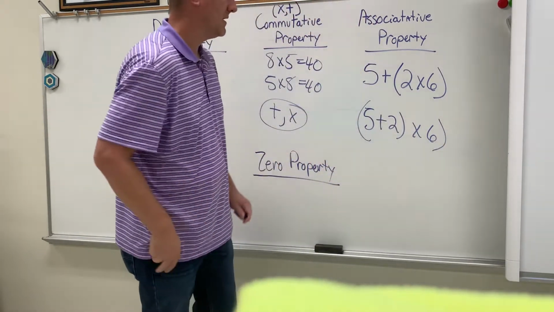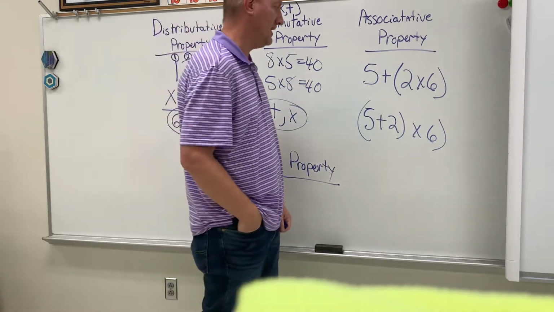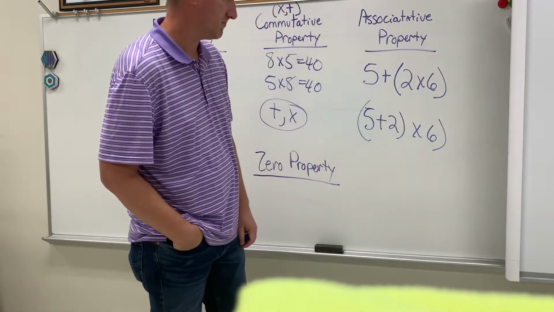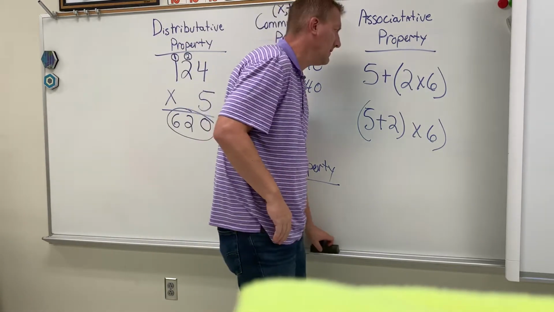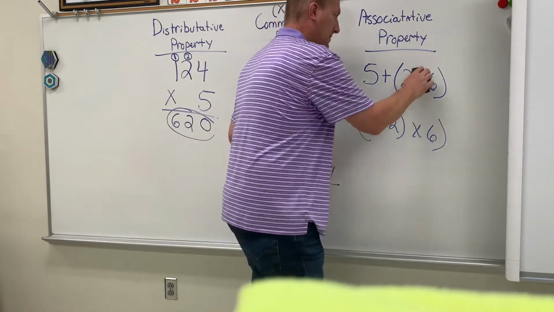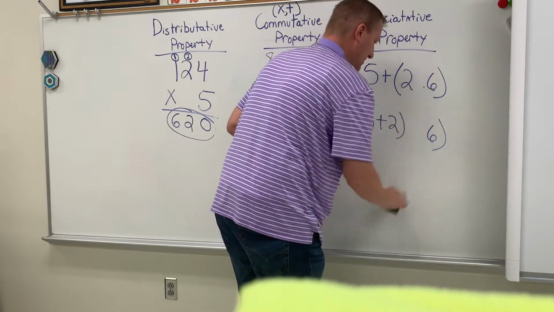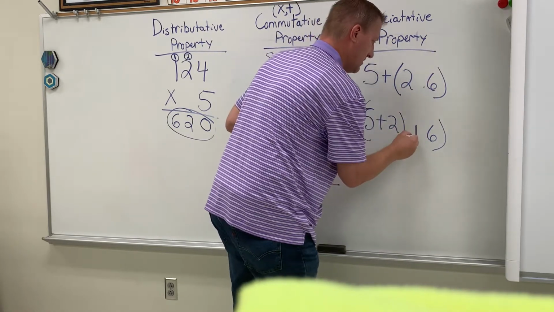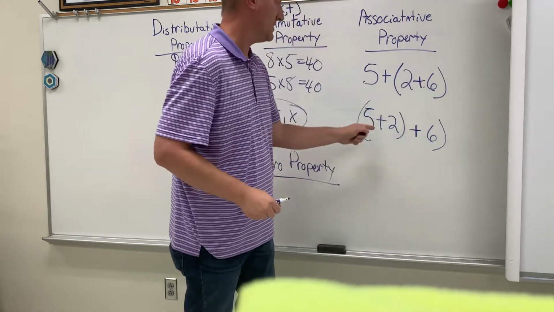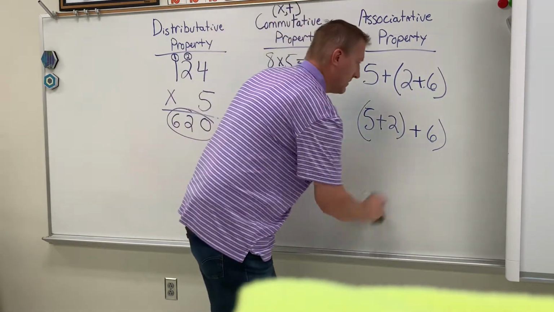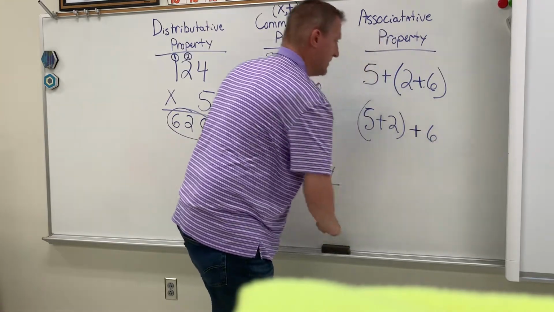Okay, so let's see if these are the same. Let's change these. These should all be plus, sorry, my fault. Those should all be plus. So those should all be addition. And I don't need that there.